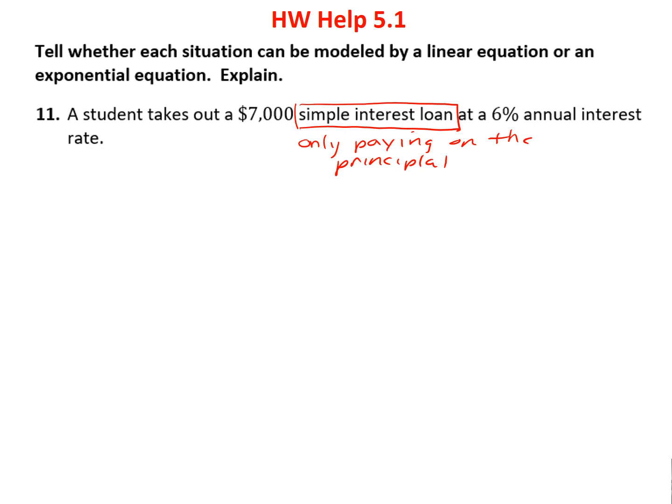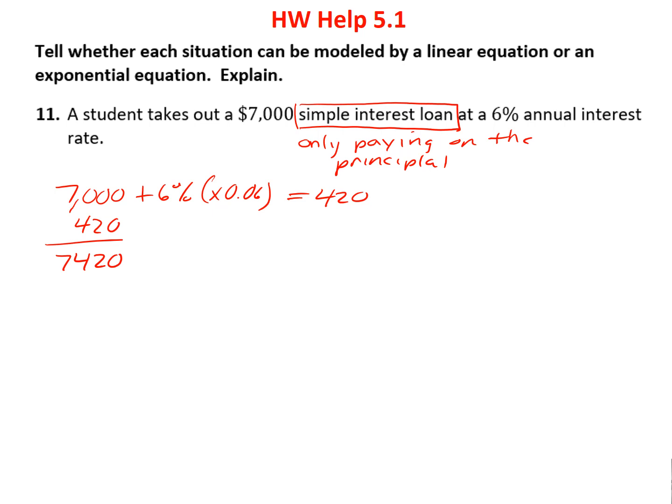Sorry for misspelling that. So I start off with $7,000, and then at the end of the year, I'm going to pay 6%. Okay? So we multiply by 6%. That's going to be multiplying by 0.06. And you see 7,000 times 0.06 is $420, okay? So at the end of the year, I owe $7,420.